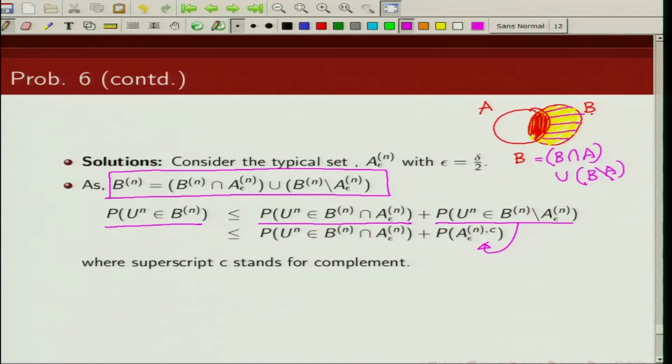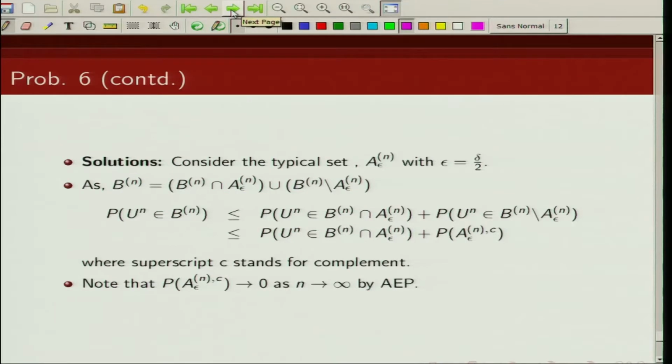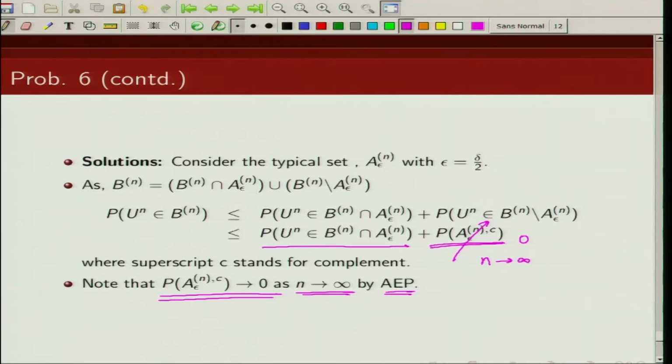Now from the asymptotic equipartition property, we know that as n goes to infinity, this probability is negligible. This is very, very small, some epsilon, so this goes to 0. So as n goes to infinity, the limit would then be upper bounded by the limit of this probability.